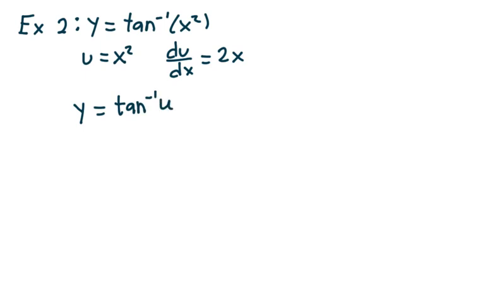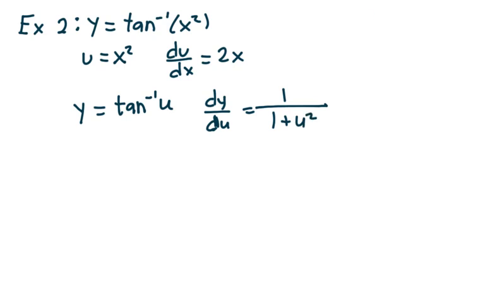It's good to be able to establish what the inside function is, right? This is really, really good practice for when we get to u substitution for integration. dy du is going to be 1 over 1 plus u squared.